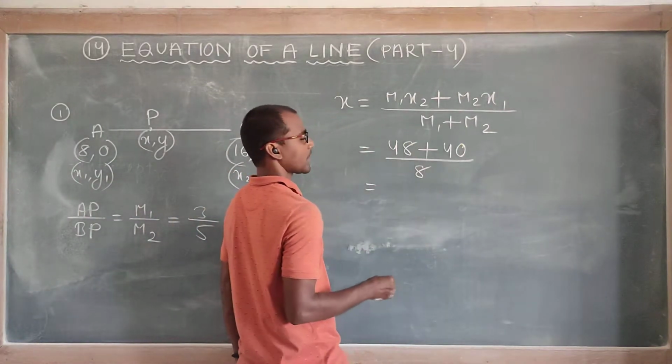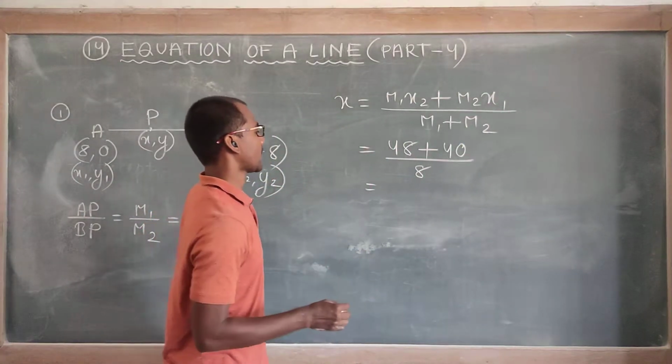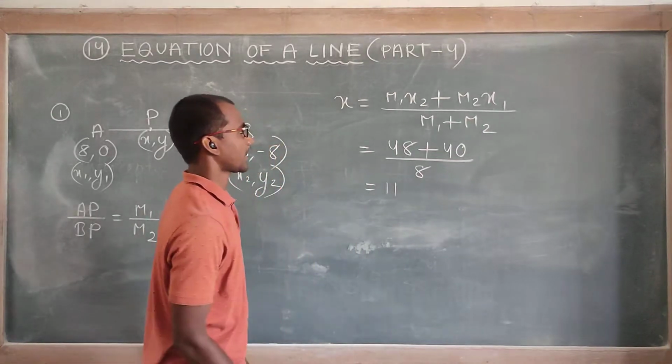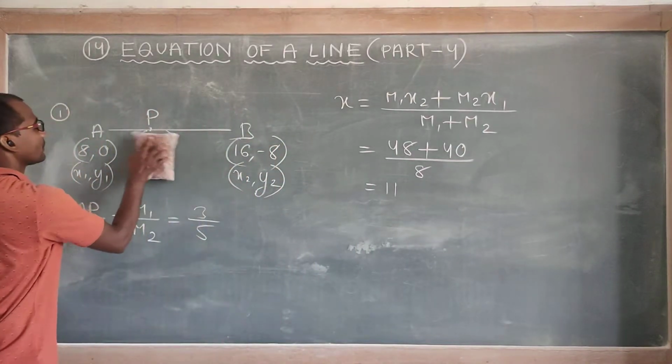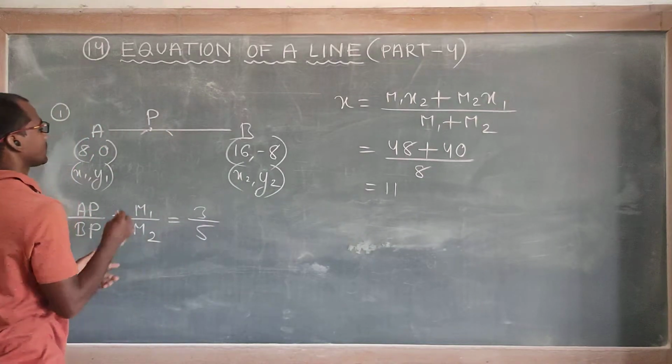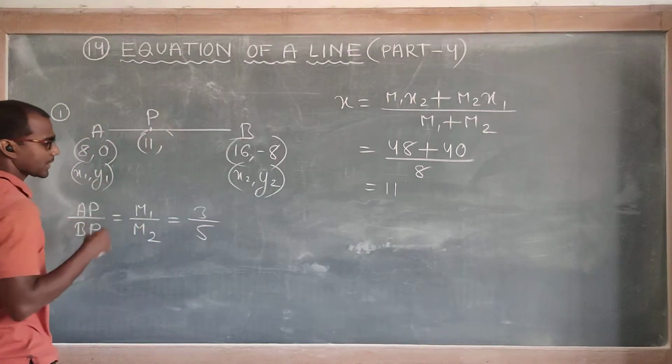So 48 plus 40 is 88. 88 by 8 is 11. So we got x equal to 11. The x coordinate of P is 11.